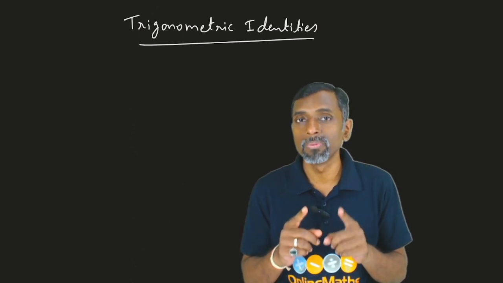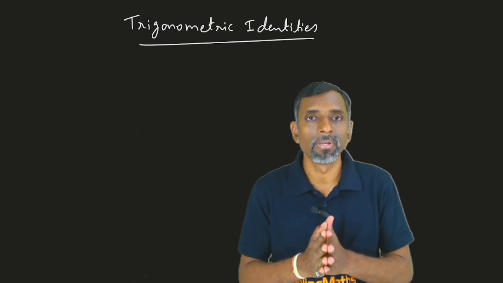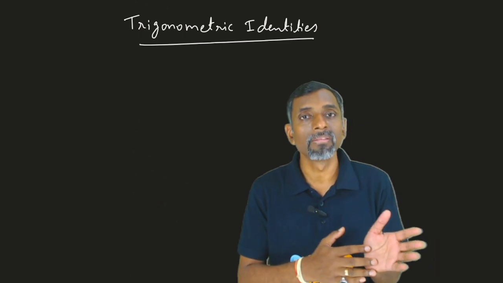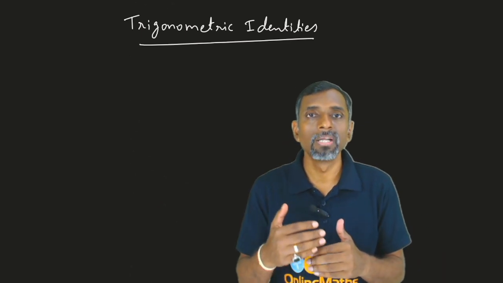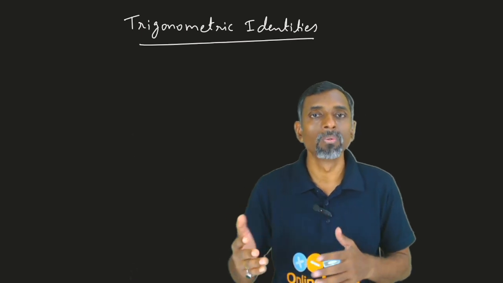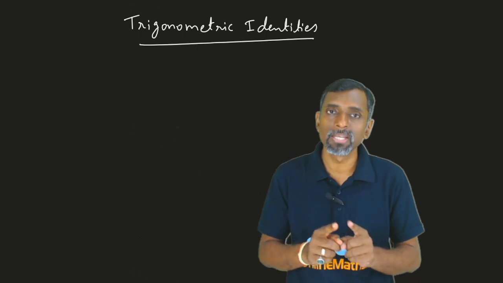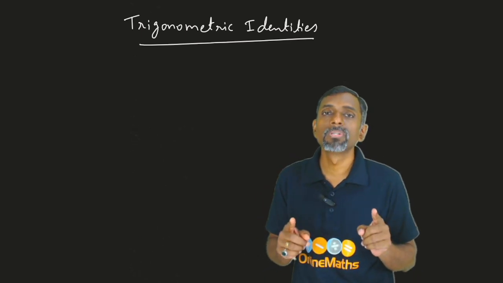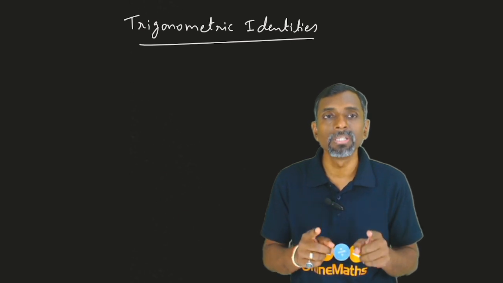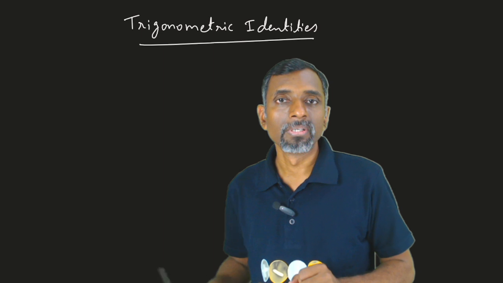You must know the relations between all the trigonometric ratios: how sine is related with cos, how cos is related with sec, how tan is related with sec, how tan is related with cos. You must know every relation. This is the most important part. And the second important part, you must know the algebraic identities which we generally use in trigonometric identity problems.